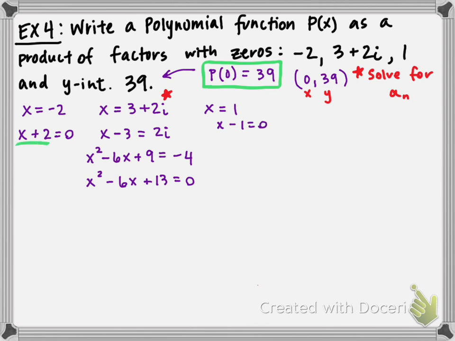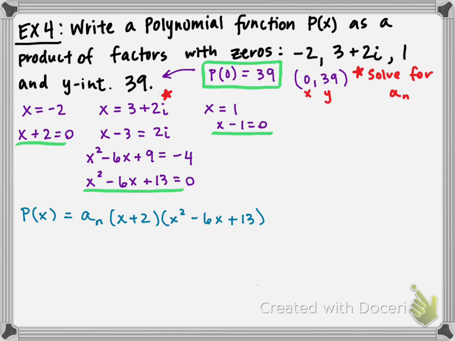Now from here, we have 1 factor, 2 factors, 3 factors. We're going to set up our polynomial function. So we have p of x equal to a sub n, which we don't know yet, times x plus 2 times x squared minus 6x plus 13 times x minus 1. Now we're going to use the x and y that we have. The y value is 39, and the x values are all 0.